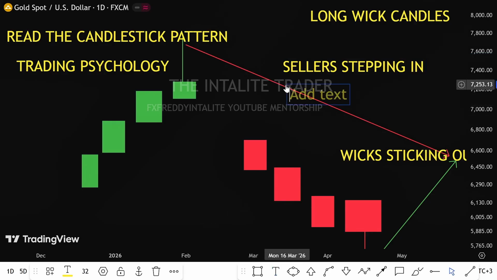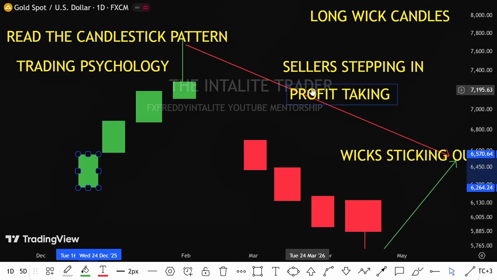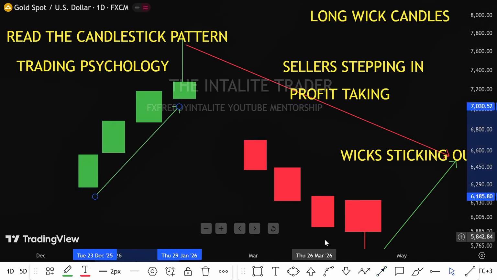It also indicates profit taking by the buyers. If these buyers pushed the price of an asset from here to here, and you see such a candle, it tells you there is profit taking, sellers are stepping in, and this can easily cause a reversal from an upside to the downside.